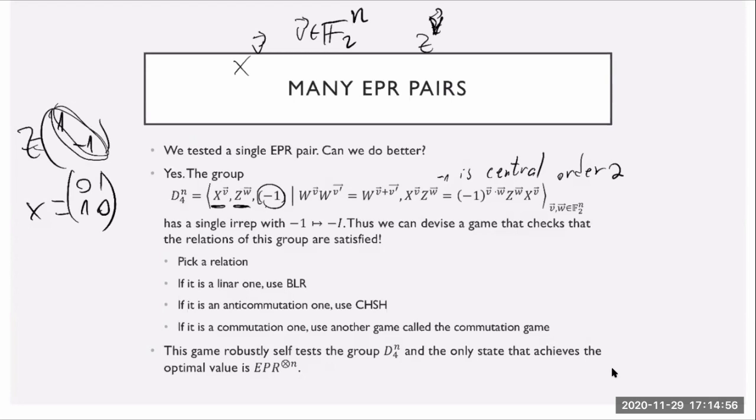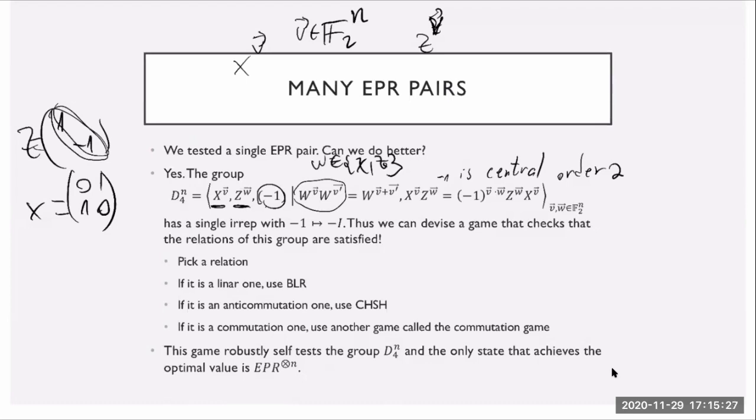And you use the following relations on this group. Here, large W is either X or Z, and the small w is the one appearing. I see that it's a bit confusing. This W is either an X or a Z.